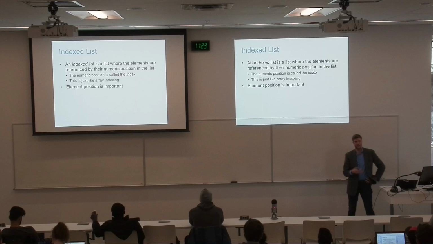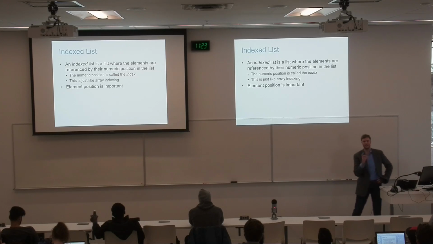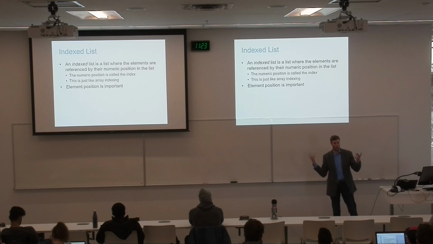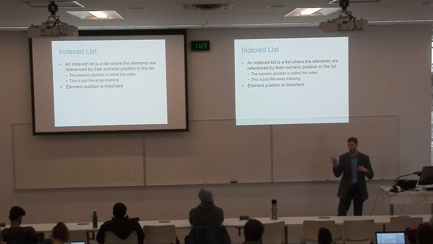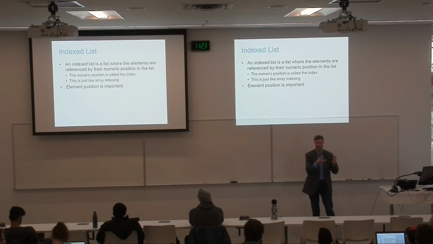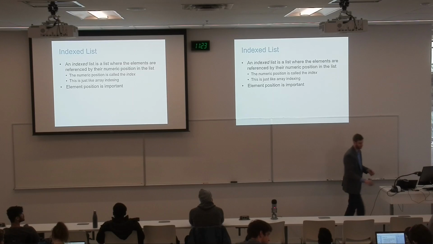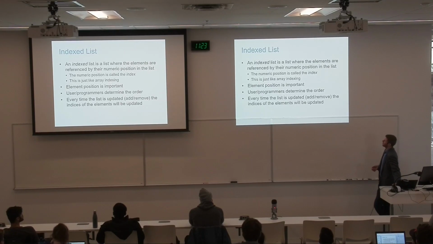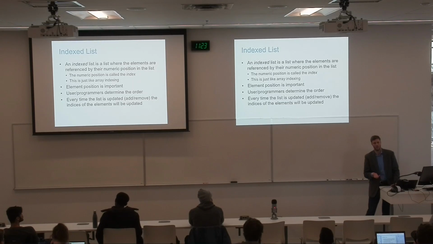Element position is important. So the fact that something is in index 0 and index 1, it's important. I mean, it's not important for an ordering, but it's important that it stays where it was. And the programmer defines the ordering. Every time the list is updated, the indices of the elements will be updated.